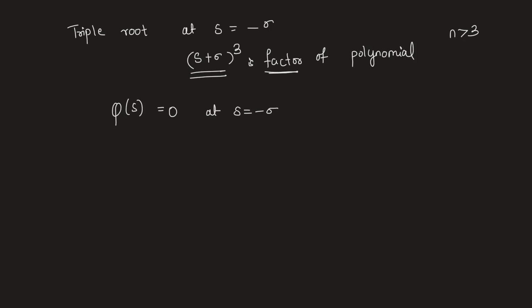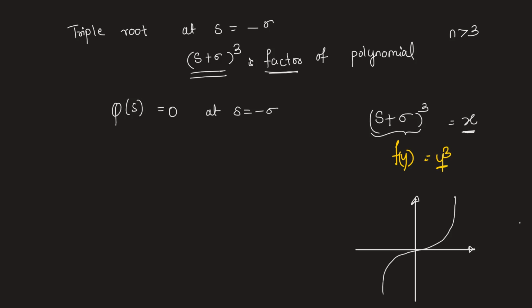So we need to know the nature of the curve (s plus sigma) cube. Taking this as another variable x, we need to know the nature of the curve that this variable will have. So this term can be compared to some function of y, which is y cube. The curve for y cube has a nature which is something like this. So the curve of this function will also resemble this curve.